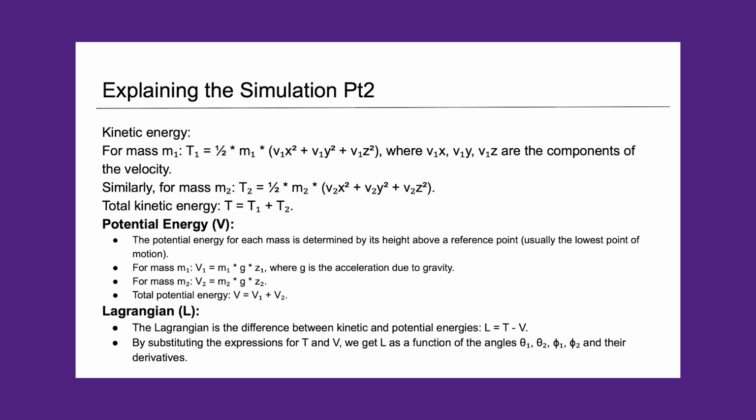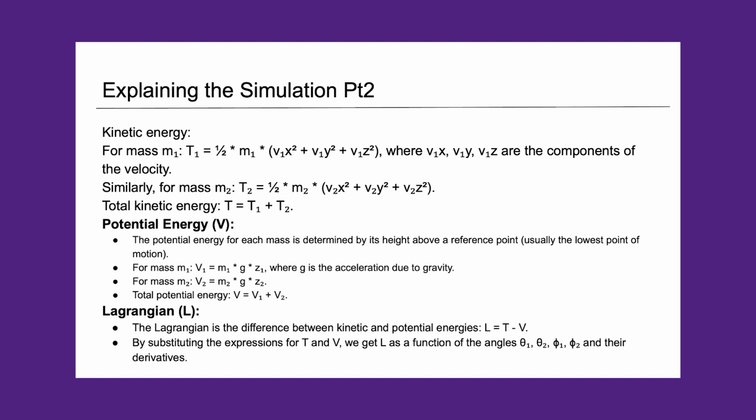The potential energy V is determined by its height above a reference point, and it's usually the lowest point of motion. For mass 1, the potential energy is m1 times g, where g is negative 9.8, and z1. It's similar for mass 2.